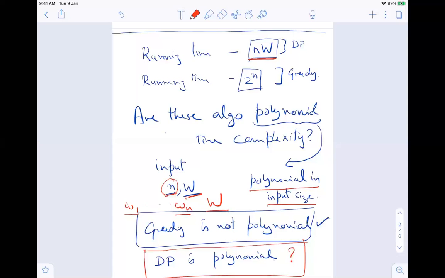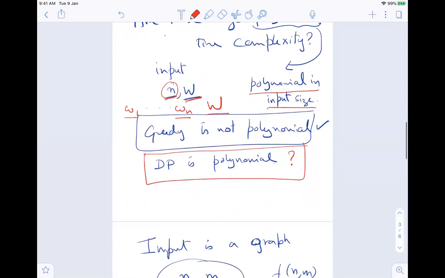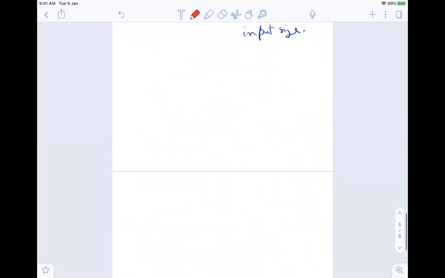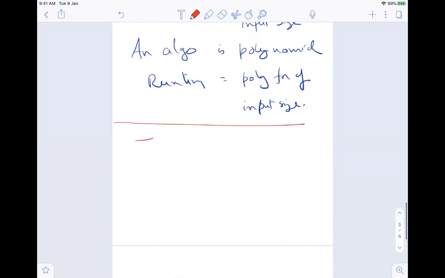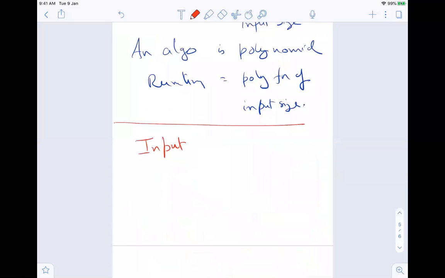I want you to solve it, okay? And all my W1 to Wn are between 1000 and 10,000. So think of this case. What is the input? Input for knapsack.